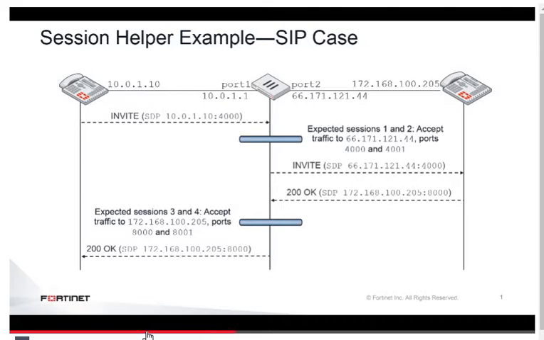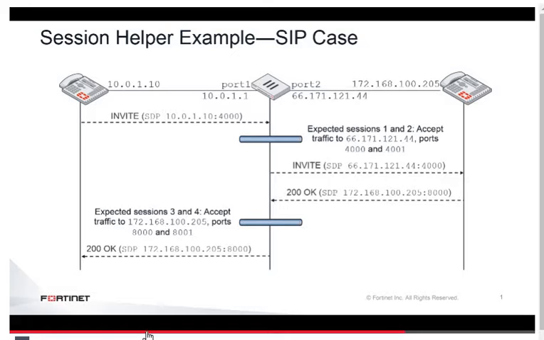66.171.121.44. Once the control channel is up, a SIP phone sends an invite packet with its IP address and port numbers for 2 of the 4 data channels. The FortiGate session helper creates 2 expected sessions and translates the IP address inside the invite packet to 66.171.121.44. The remote phone sends an OK packet to the right destination IP address, 66.171.121.44.